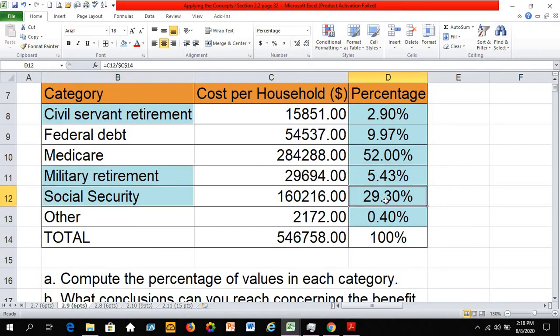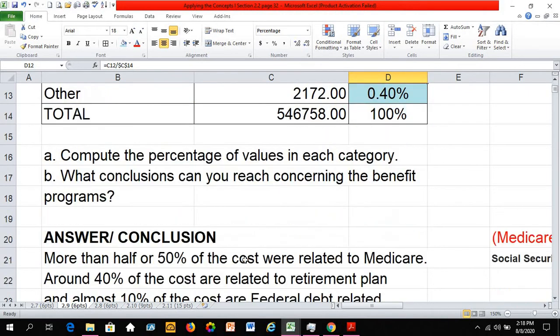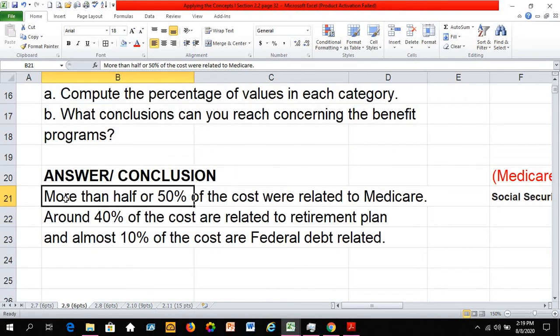Then social security, retirement or military retirement and civil servant retirement should be around 38, or let's see, around 40. Yes, that's right. So in my conclusion, more than half or more than 50% of the costs were related to Medicare, and around 40% of the costs are related to retirement plans.